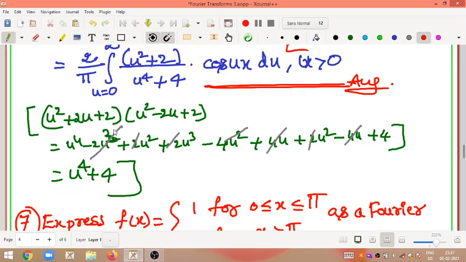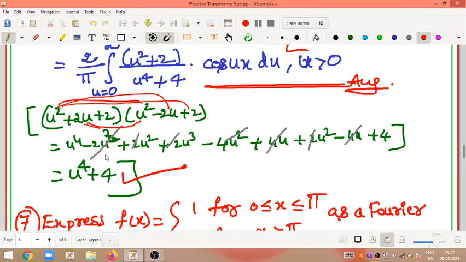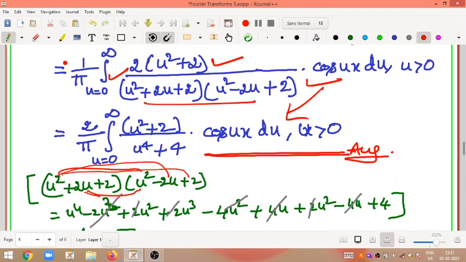By multiplying the first term to all 3, next the first term to like this, same, second term to these 3 terms, we are multiplying and simplifying this one. So what will come? U to the power of 4 plus 4 will come. So that's all here, u to the power of 4 plus 4. This one is the answer.